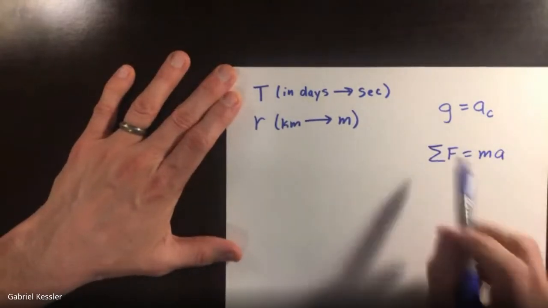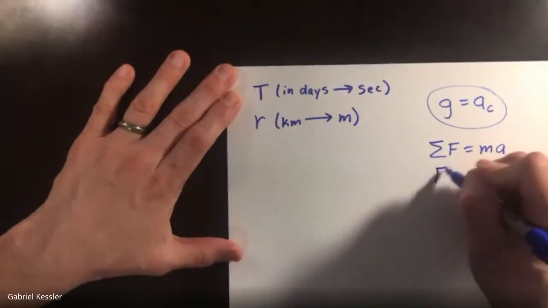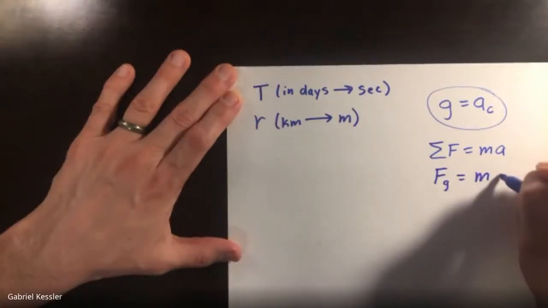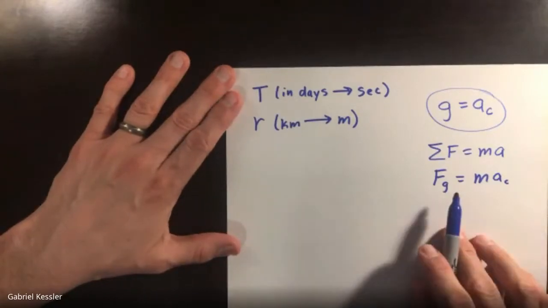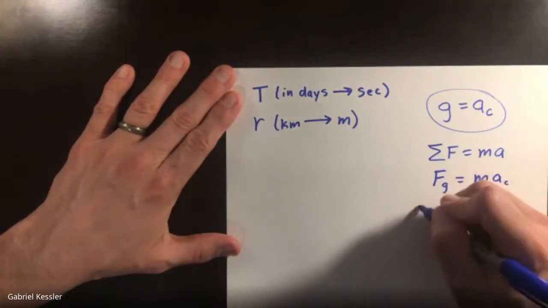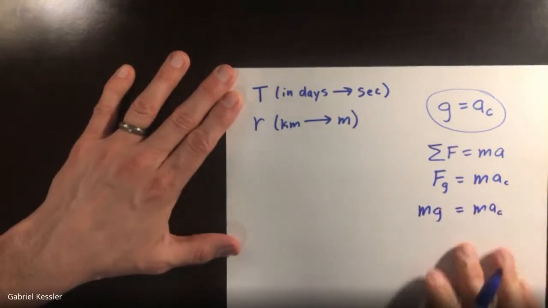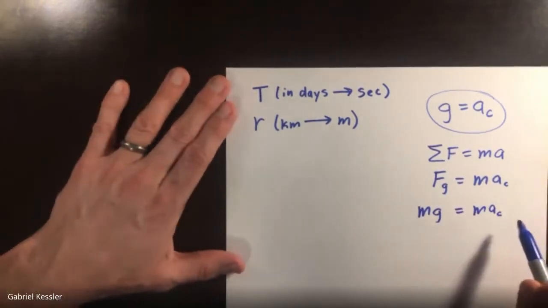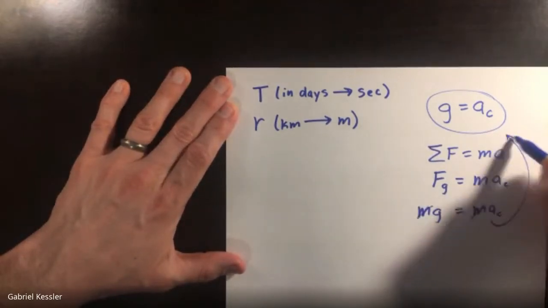So where this equation comes from, the force of gravity is equal to that mass times centripetal acceleration. Now for the surface of the Earth, that's simply mass times acceleration equals mass times centripetal acceleration. So that's where you get this equation up here.